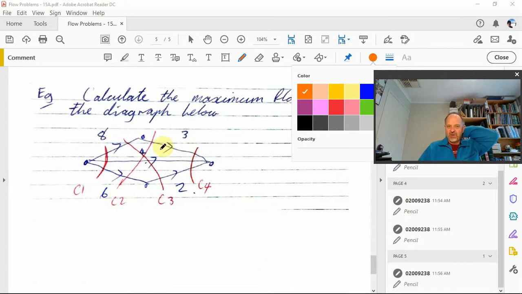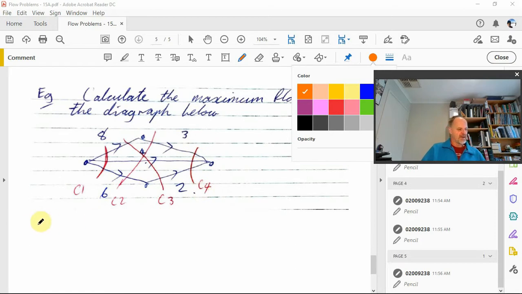Here we've had our possible cuts marked in for us. So we get one there. You could have this one that goes there. You could have another one that goes across there, which is different to C2. It is different because they're going through different edges. And then, of course, you can have this one down the end. And that's all the cuts there are.